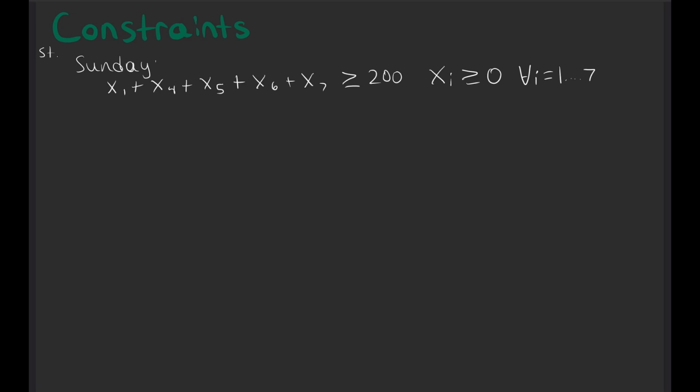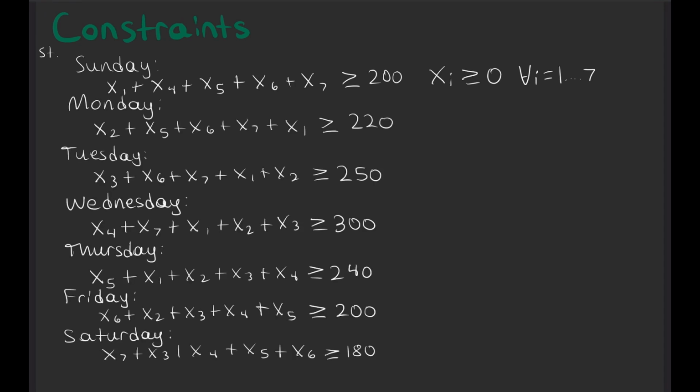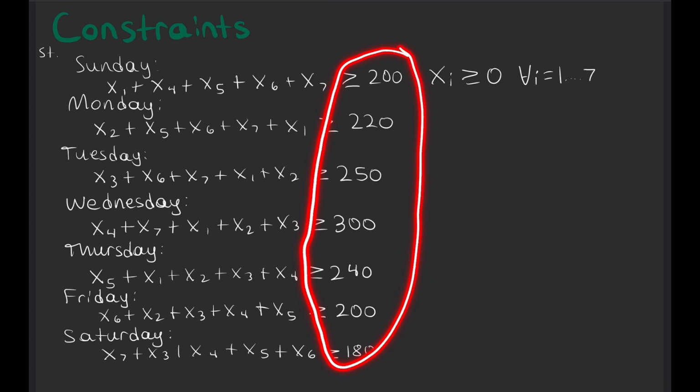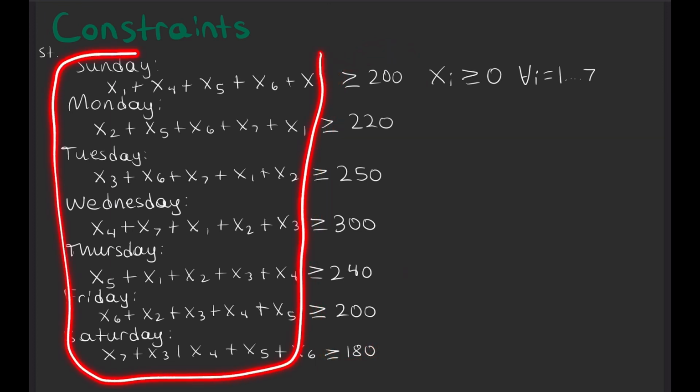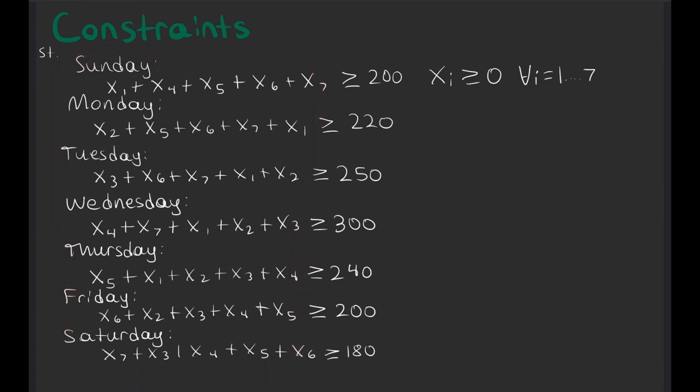Okay, so now let me show you the constraints. As you can see, over here we have our demands. All of them must be met. That's why it's greater than or equal to. Here we have all of our employees working. For example, let's look at Wednesday.